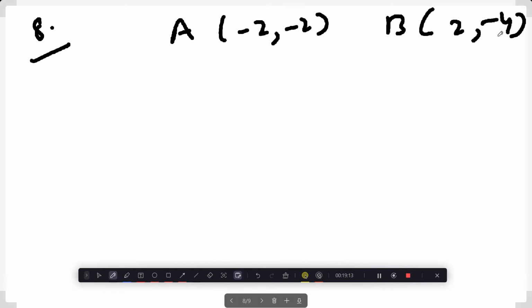8th question. If A and B are... okay, it's a repetitive question, but I'm just doing it now that I've sort of said it. ये कोई points हैं दो, A और B. Find the coordinates of P such that AP is equal to 3/7.